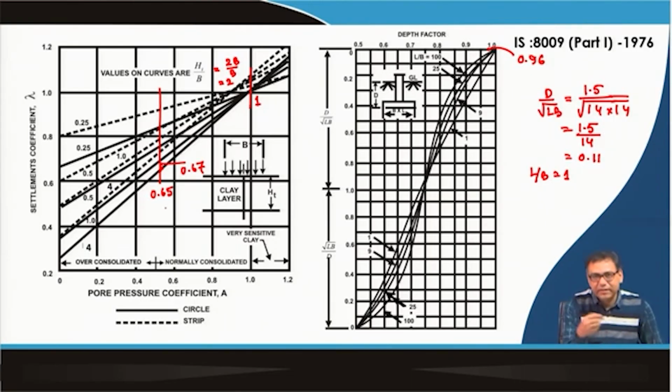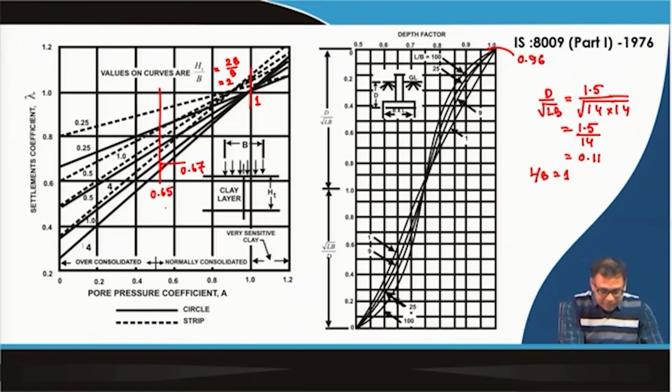So, roughly 0.7 I am taking, but if this A value is given, then from this chart you can determine what would be the probable correction factor, but if nothing is given you can take 0.7.